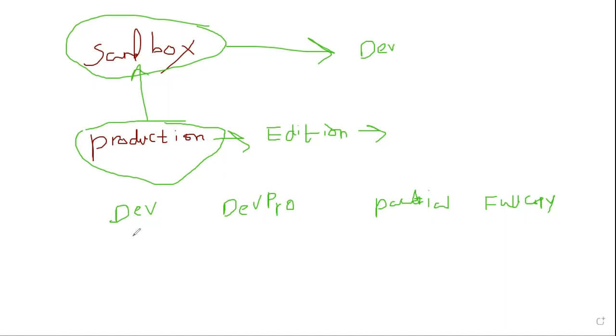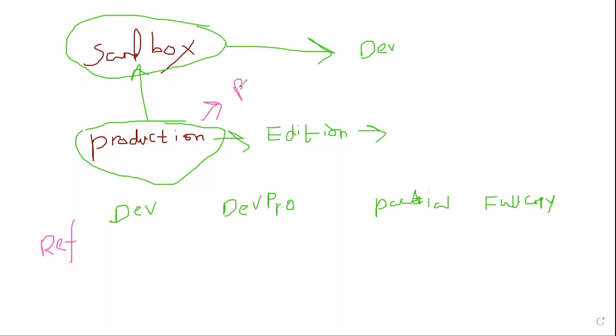So coming to the sandboxes, the first difference is the refresh interval. A refresh interval means how frequently we can sync the production with the sandbox. Production will have real-time data, right?